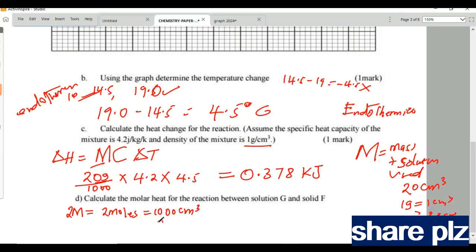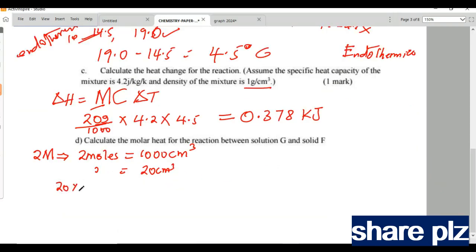Now we can find out how many moles 20 centimeters cube of solution G will contain, because that's what we have used. This will give us 20 times 2 divided by 1,000. This gives us 0.04 moles.